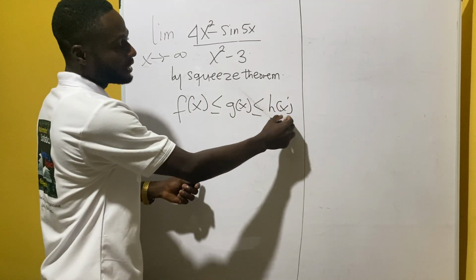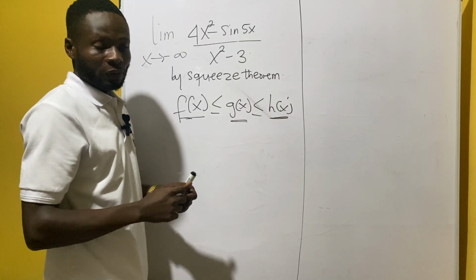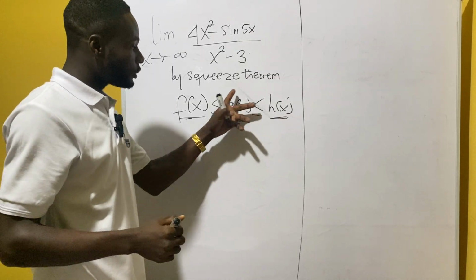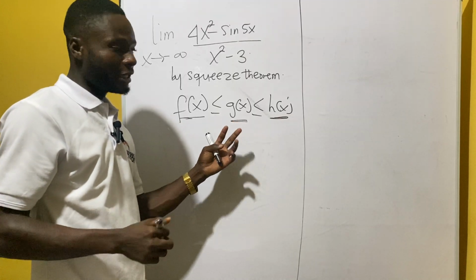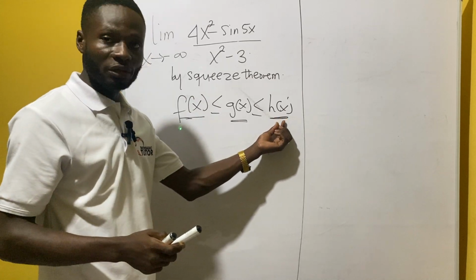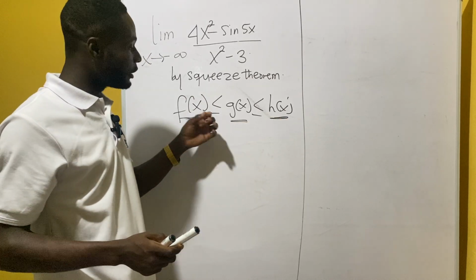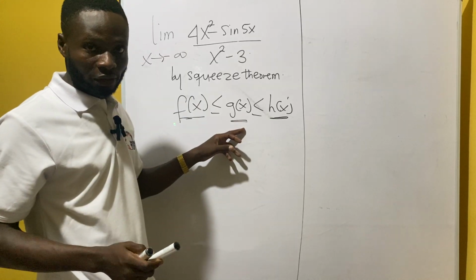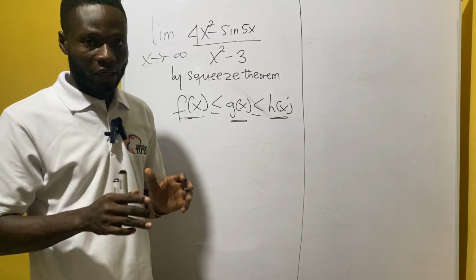Because we cannot find the weight of the guy in the middle, we find the weight of this guy and that of this guy. So the weight of this guy is equal to this guy over here, and this guy also is equal to this guy. That is all the squeeze theorem is about.